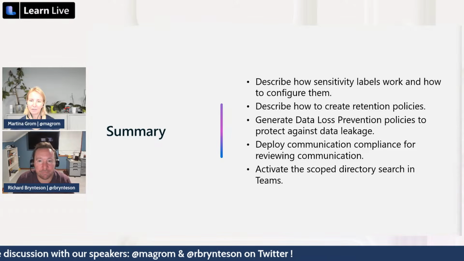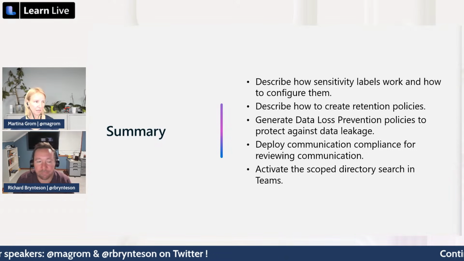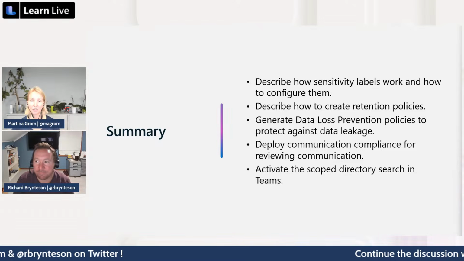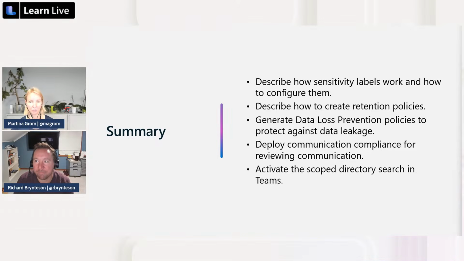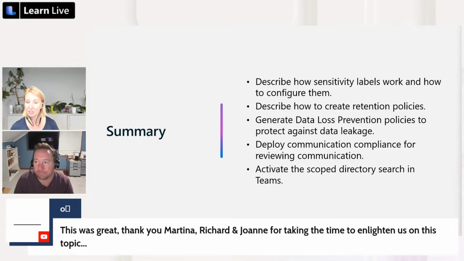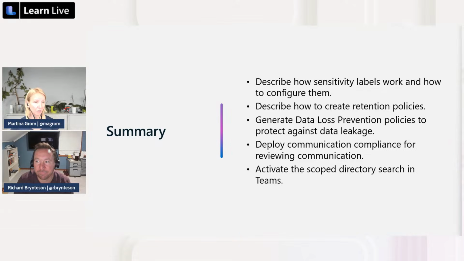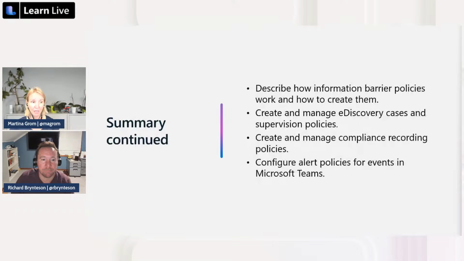But to give you a quick summary of what we did today, we talked about data classification with sensitivity labels within Microsoft Teams. Then we talked a lot about retention and deletion. Also think about how we can use data loss prevention to protect our data from data leakage. We also talked about communication compliance, use cases around it, and why we should do that.